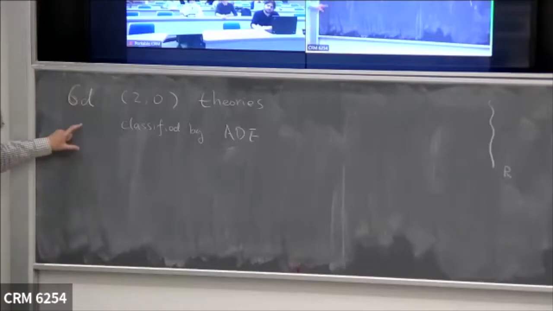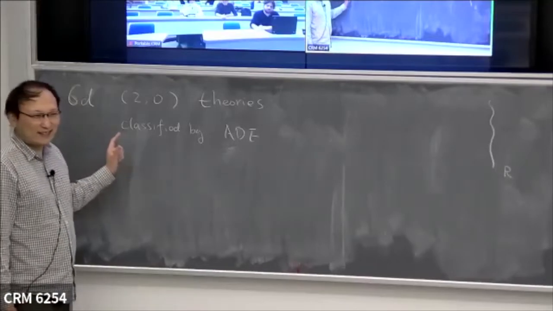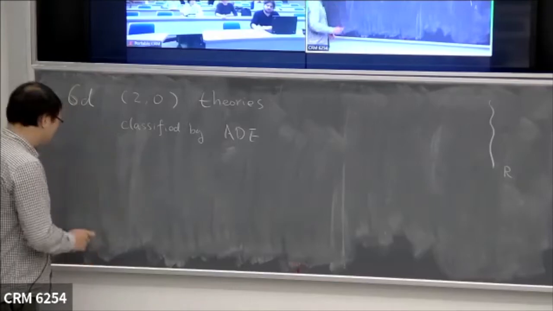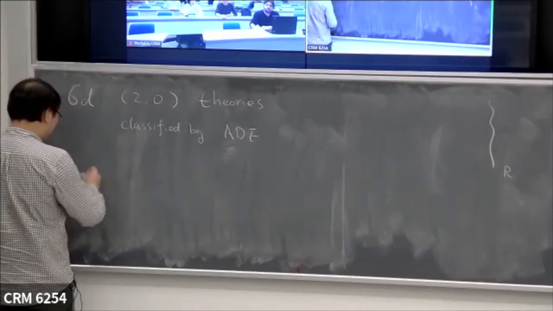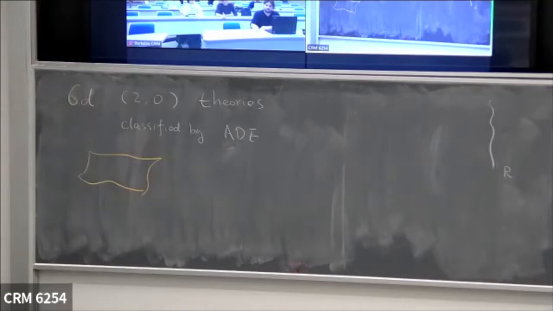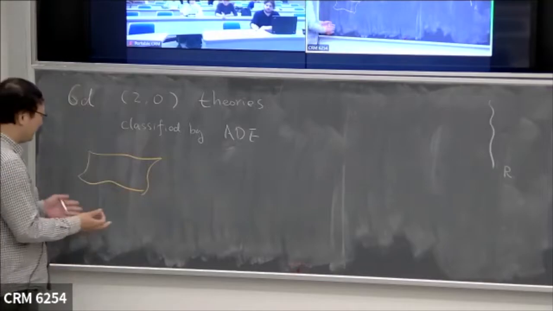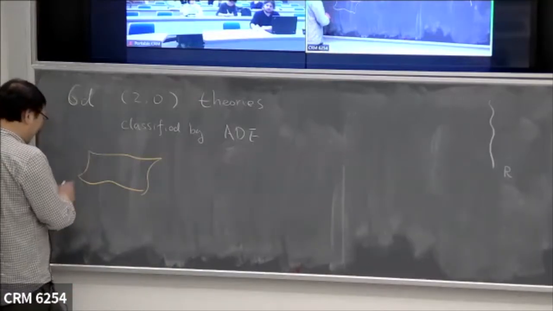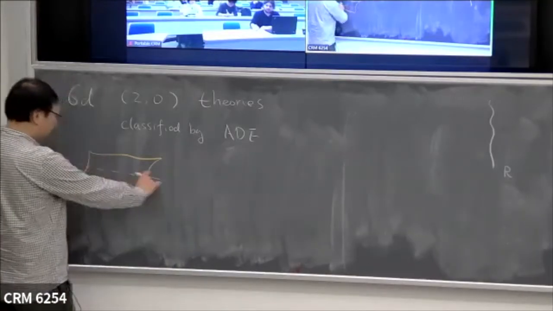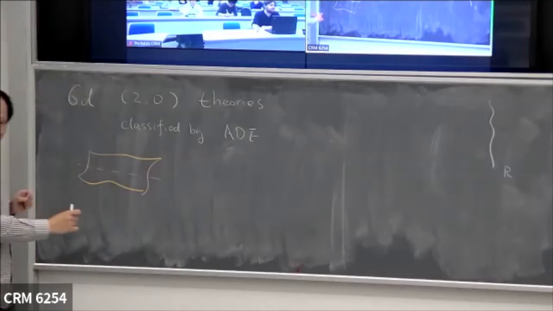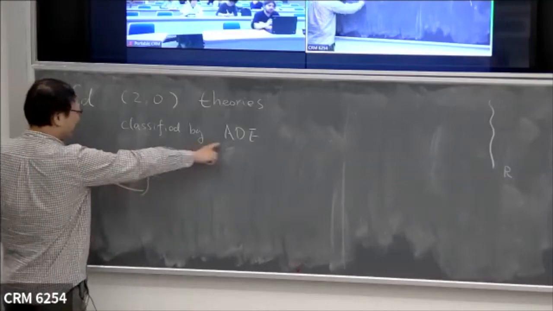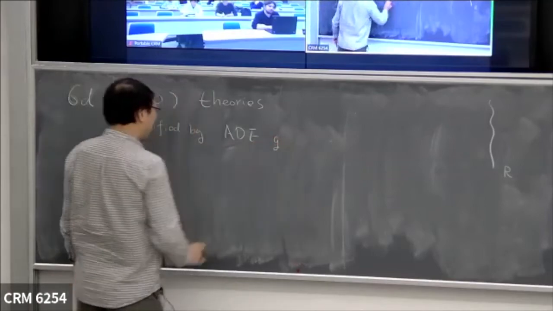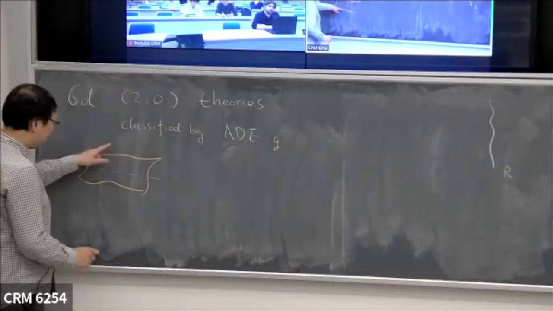But here, the charged objects are not going to be just lines or particles. Instead, they are strings. They have a 2-dimensional worldvolume. If you look at this at constant time, then you will see an extended object. So that's a string.